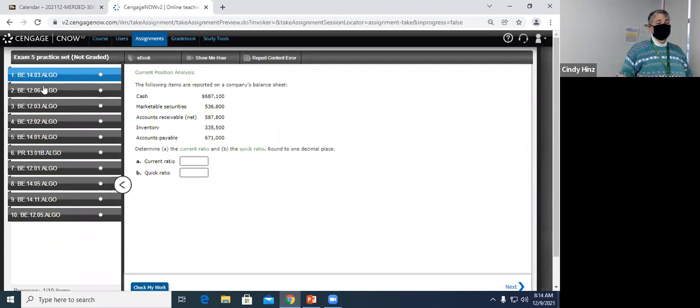So everyone has the same exact set of questions, but the numbers that appear in the exercises will be different on yours than on mine, than on anyone else's in the class. So some of the numbers may be the same, but definitely some of them are different. So if you are working with someone else, it is important to keep that in mind, that their numbers are going to look a little bit different than yours.